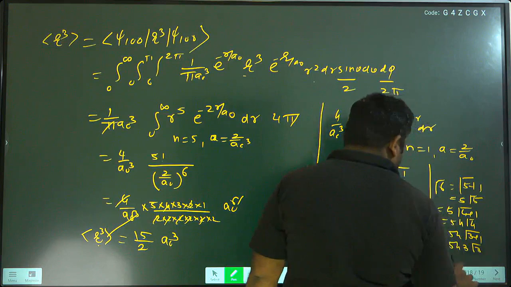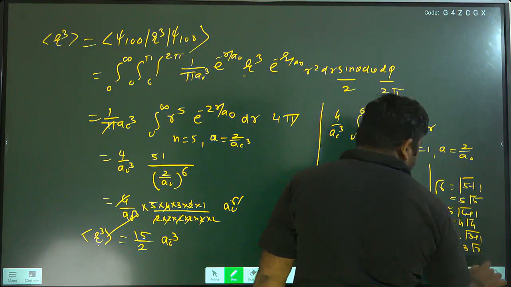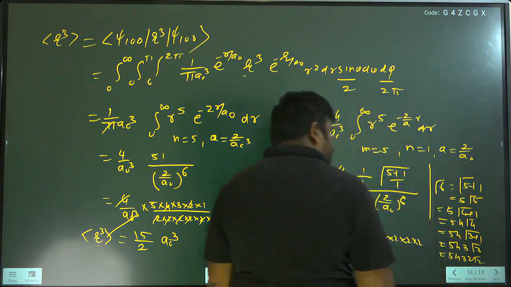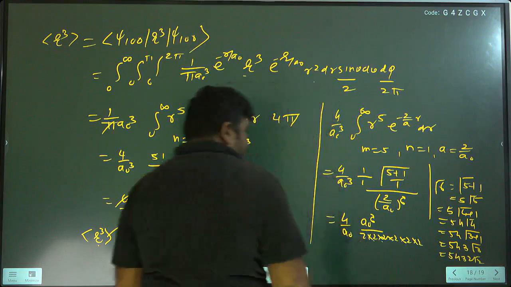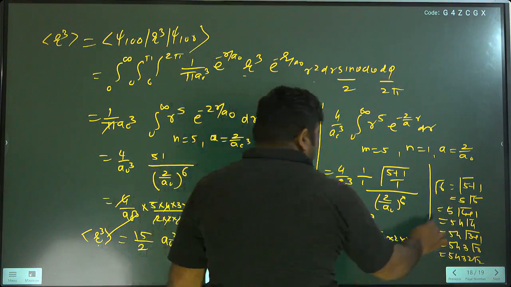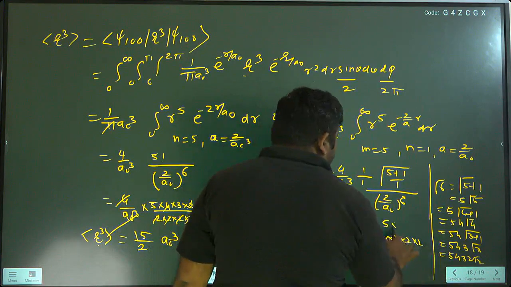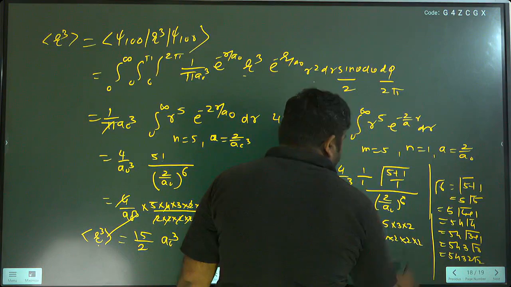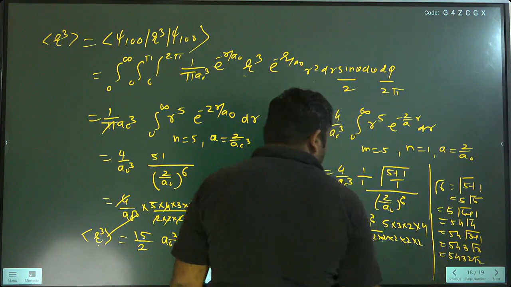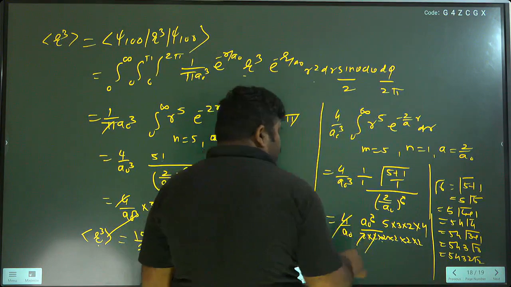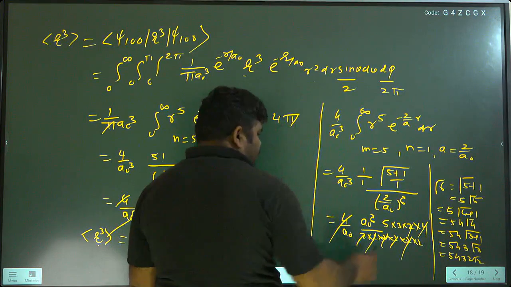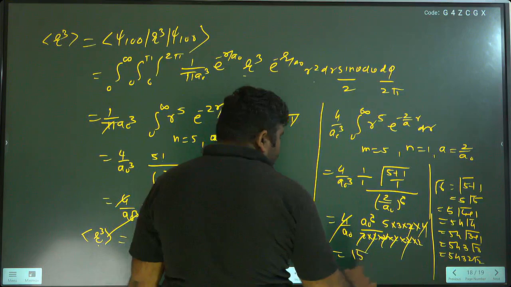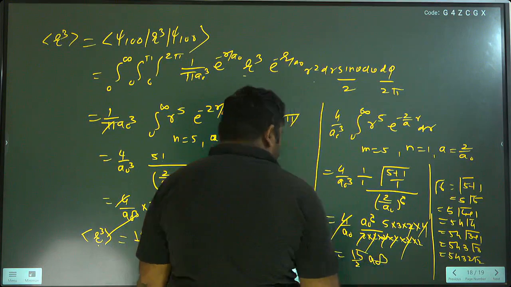Gamma 3 can be written as 2 plus 1, means 2 gamma 2. Gamma 2 can be written as 1 plus 1. And this is equal to 5 into 3 into 4 into 2. This is equal to 5 into 3 into 2 into 4. 1, 2 cancelled, 1, 2 cancelled. 3 into 5, 15. 15 by 2 a naught to the power 3.